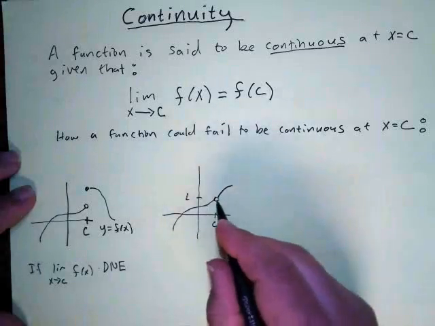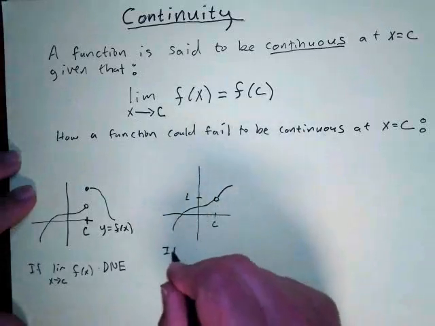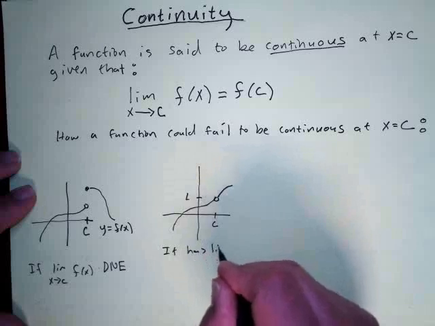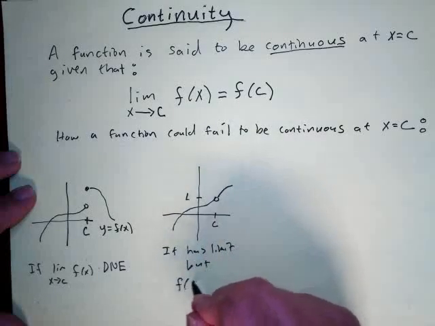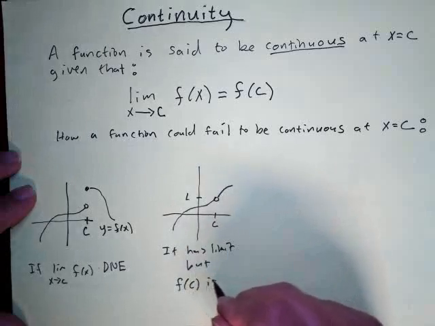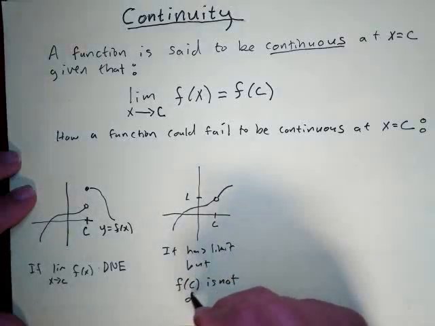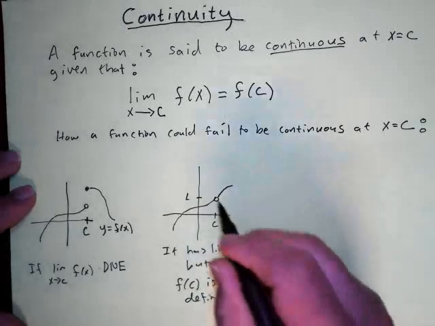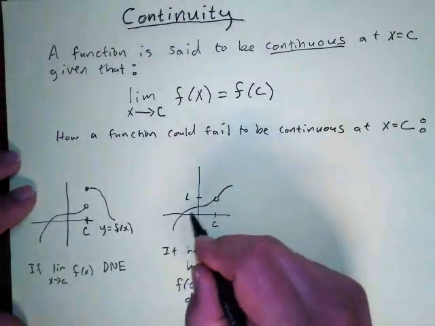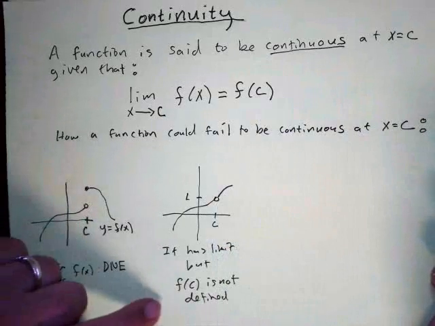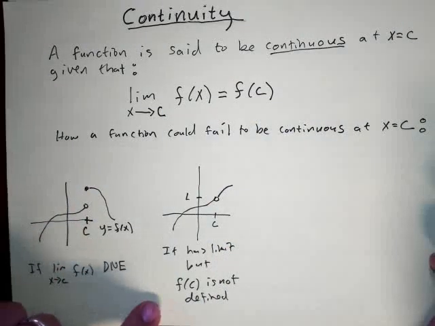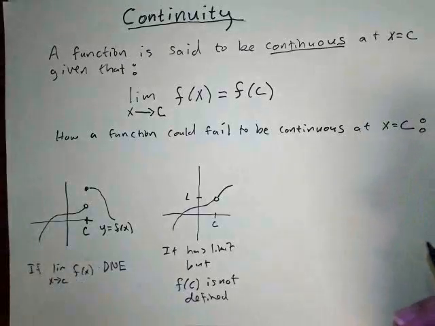So what's the problem in this case? Okay, so it has a limit, but f of c is not defined at this point. And so what you have here is a hole in the graph. So if f of c is not defined at that point, then the function will fail to be continuous as well.